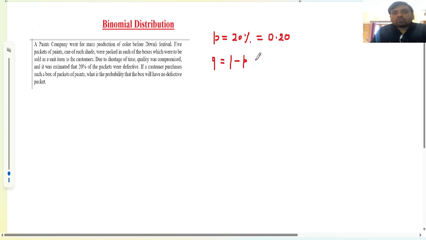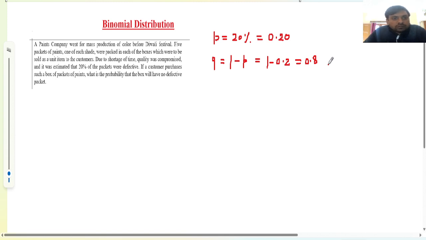So Q equals 1 minus 0.2, so this becomes 0.8. This is the probability of not defect. So this is 20% defect, this is 80% not defect. Both the probabilities, 20% and 80%, are considerable, right? So we will apply binomial distribution because we can consider both the probabilities in this case.